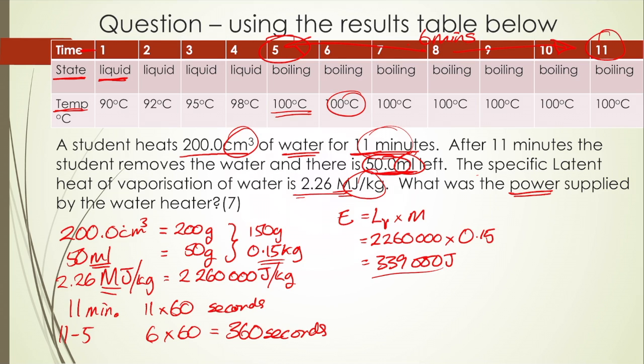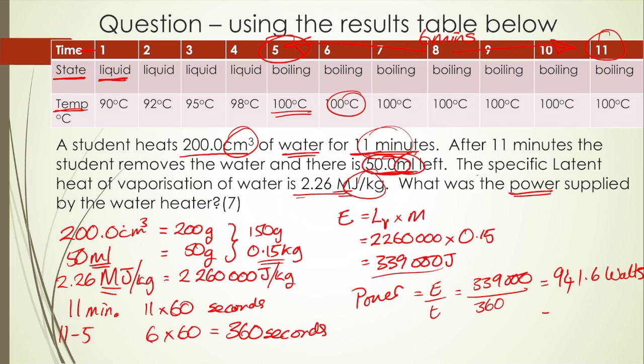But the final answer is about the power, and power equals energy divided by time, and in this case it's 339,000 divided by 360 seconds. That will give us 941.6 watts.